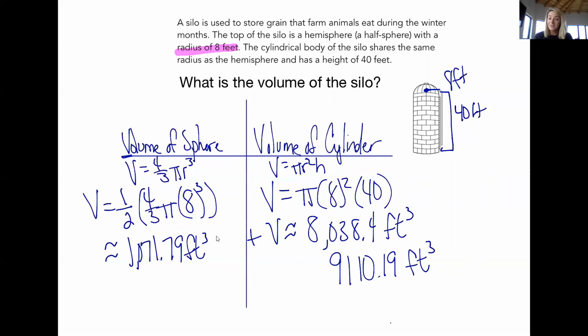So that's how you're going to figure it out when you see composite figures together: think about what three-dimensional figures make up that composite figure and use your formulas appropriately. Good luck. It's a lot of fun. You're going to need to remember those 3 formulas and maybe some from previous topics, but you should have no problem finding out the volume for these figures.